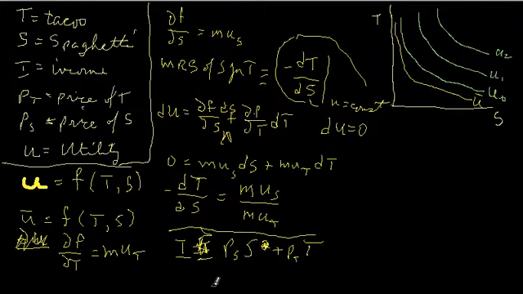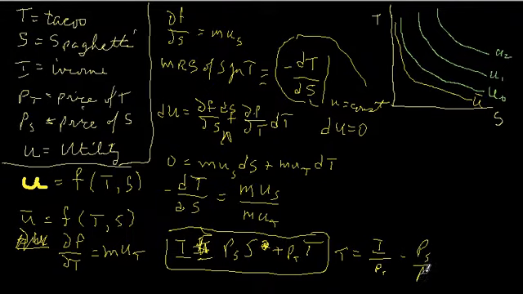And we can then show you what this income constraint looks like by rewriting it so that T is equal to income over PT minus PS over PT times S. For given values of income and the prices of the two goods, PS and PT, T, the quantity of tacos you can buy, is a linear function of the quantity of spaghetti that you buy.